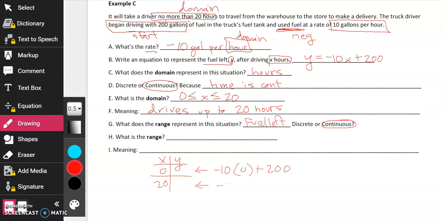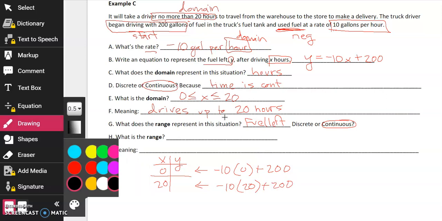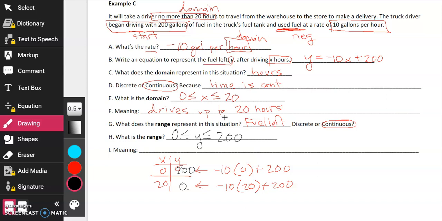And I have negative 10 times 20 plus 200, which gets me 200 or 0. Okay, so always put low to high. So between 0 and 200. Okay, so he'll use between 0 and 200 gallons.